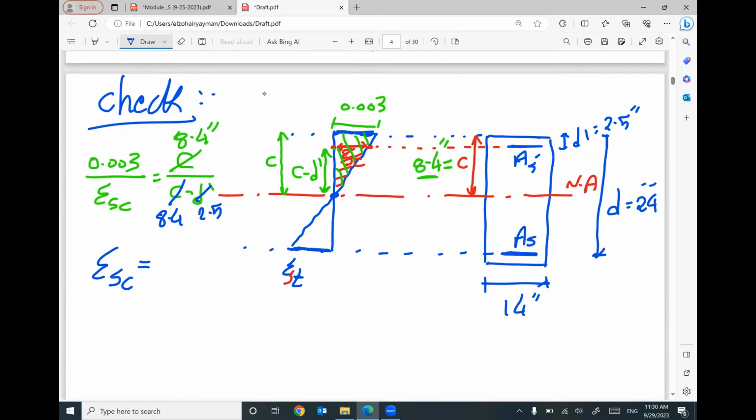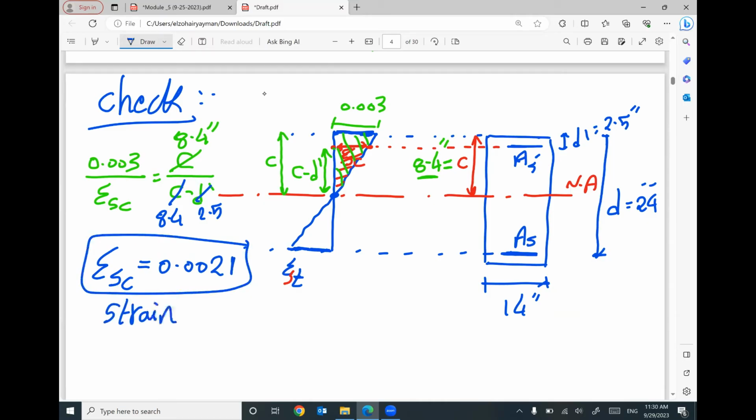So 8.4 minus 2.5 times 0.003 divided by 8.4, I got 0.0021. This is the value of strain in the compression steel reinforcement.